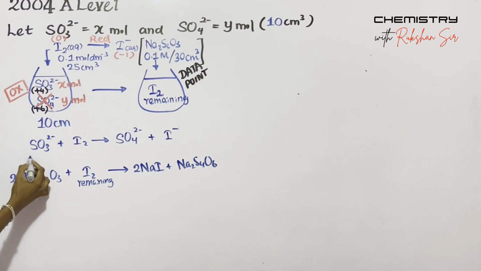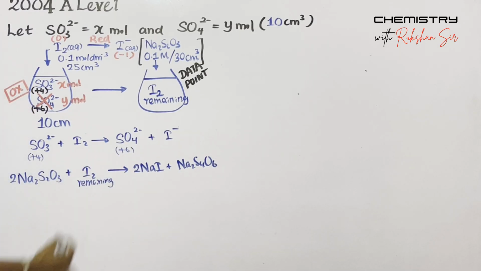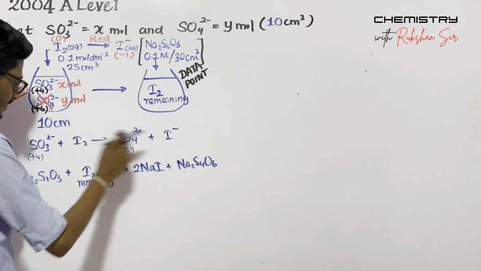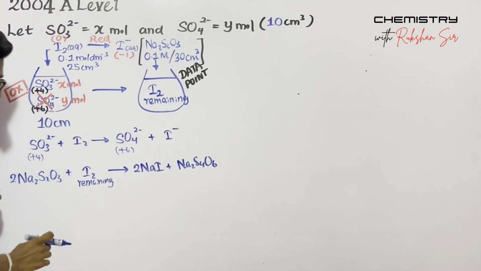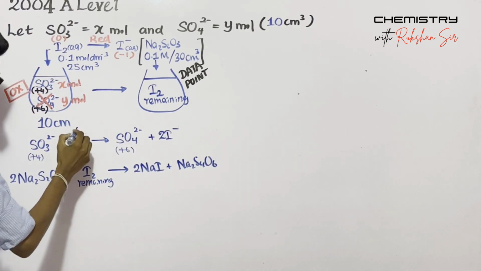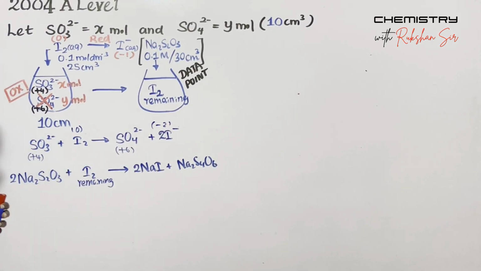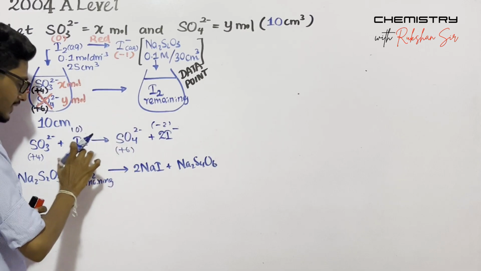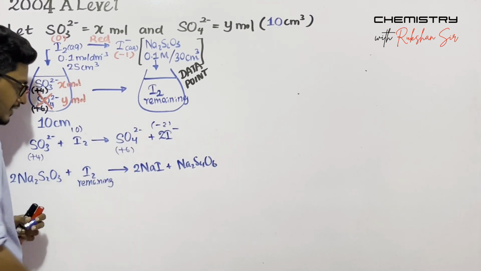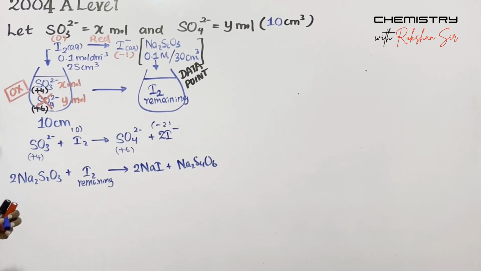Here this is +4, this is +6, a 2 electron difference. First you need to balance the redox atomically. 2 iodines, 0 to minus 2, a 2 electron difference. So 2 and 2 cancel off, so no need to multiply the two half reactions by any number, as the least common multiple is 2 and 2 is balanced.